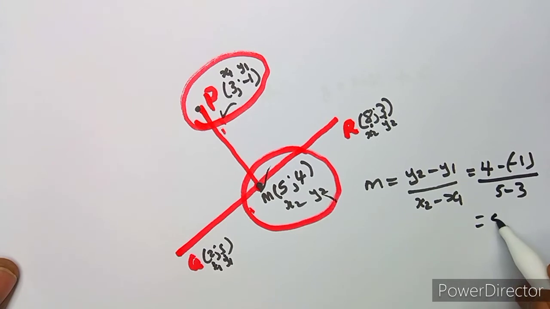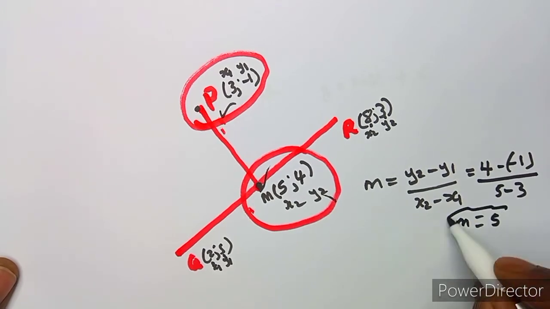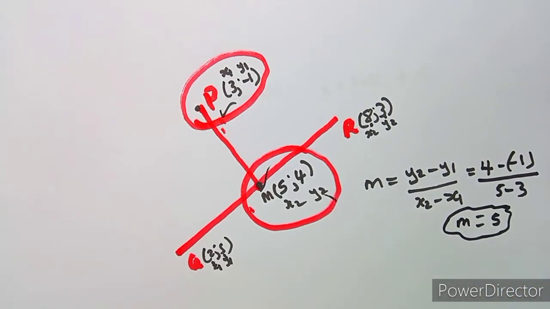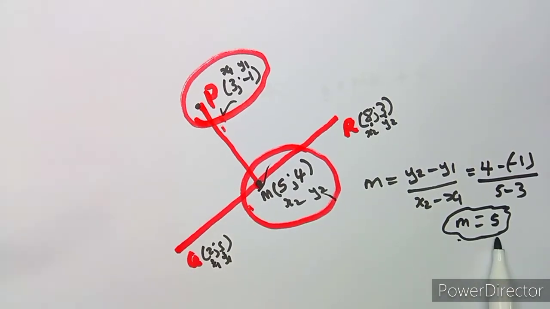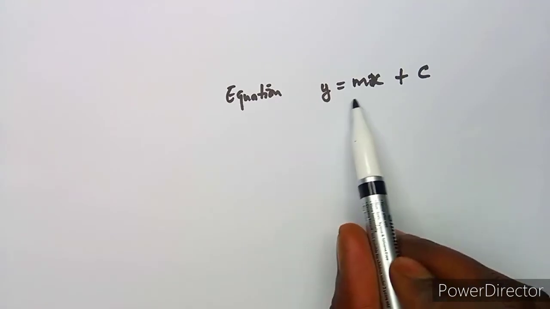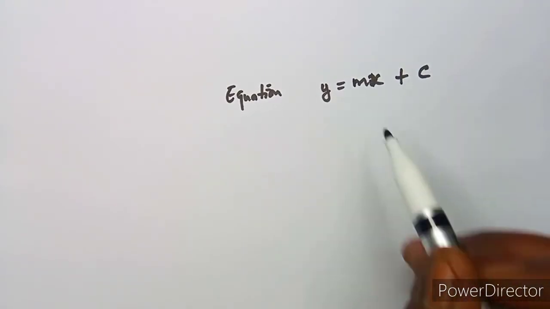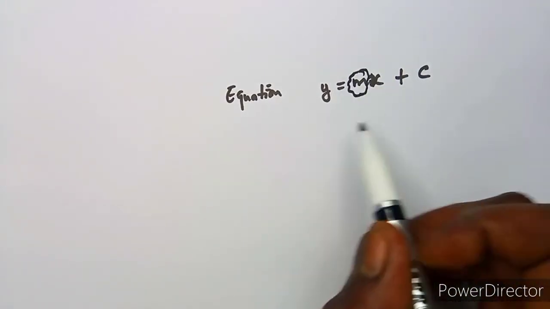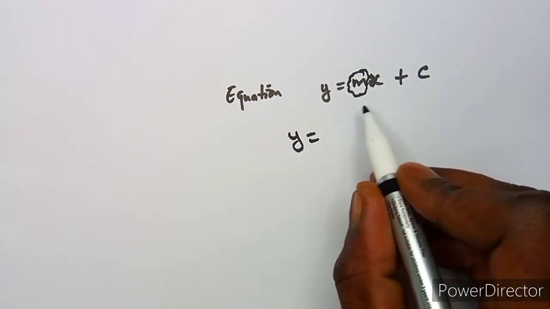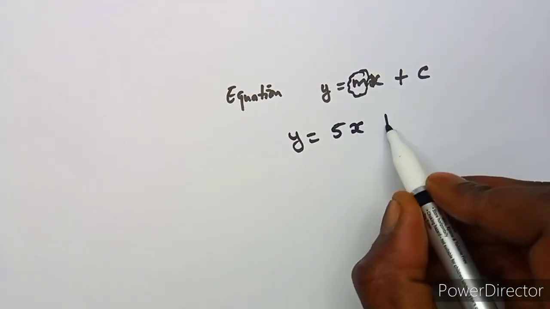So this is your gradient of the line from P to the midpoint. We said our equation can be written as y = mx + c, where m is our gradient, therefore y = 5x + c.